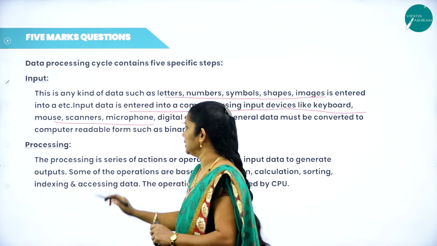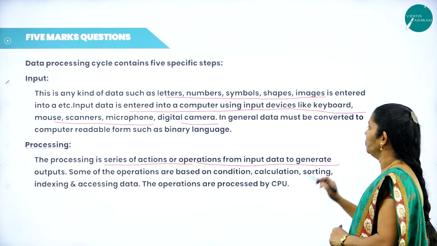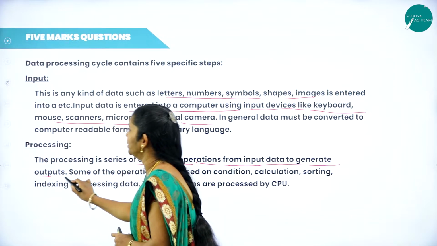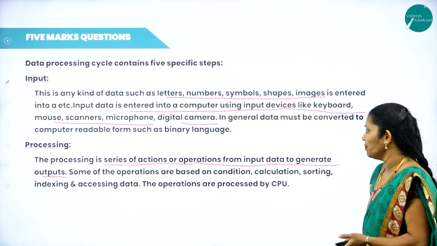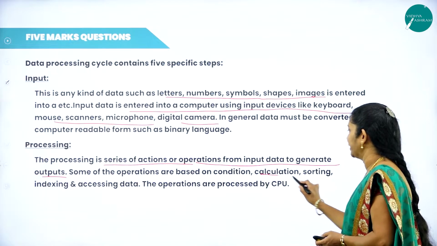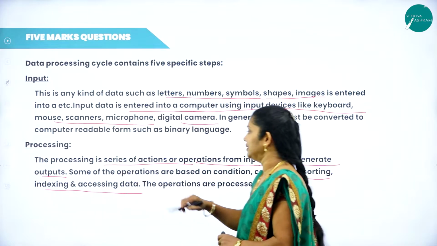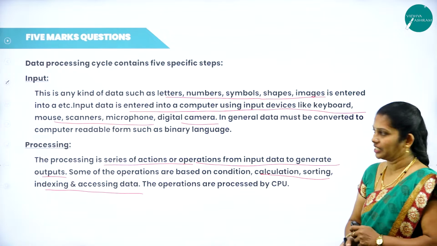Then under processing, it is a series of actions or operations on input data to generate output. Here it is a series of actions that converts data into information. Under this, it will perform calculation, sorting, indexing, accessing data; all the operations are performed under the processing stage.